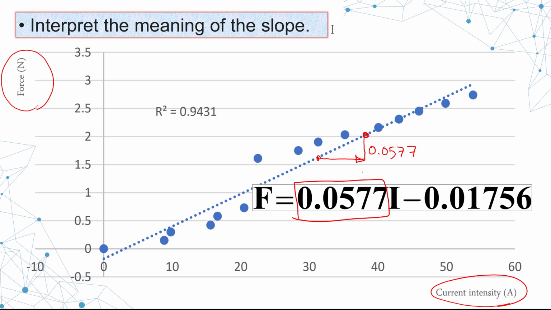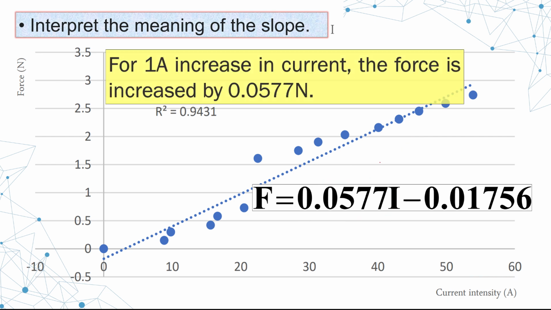One step forward is a 1 ampere increase in current, because this is not the x-axis, it is the current axis, and vertical is the force. So this is the increase in force you should make to find the graph again. The interpretation of this slope is something like that: for a 1 ampere increase in current, the force increases by this much, the slope.